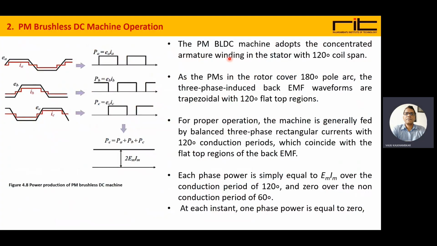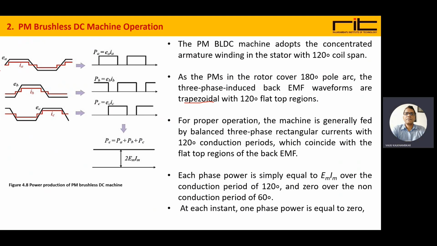The permanent magnet BLDC machine adopts the concentrated armature winding in the stator with 120-degree coil span. As the permanent magnets in the rotor cover 120-degree pole arc, the three-phase induced back EMF waveforms are trapezoidal with 120-degree flat top region. So this is the important thing here.